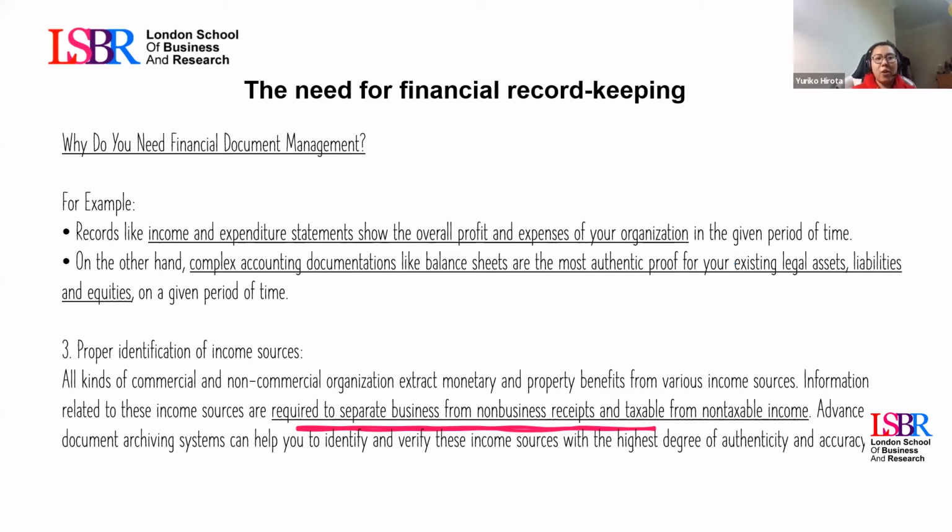So this is another benefit that we can have when we record all the financial activities in the company, that we can identify the sources of income depending on the type of company or firm.